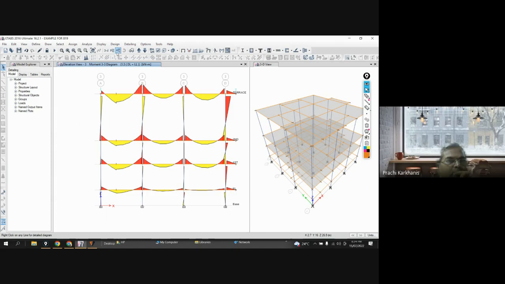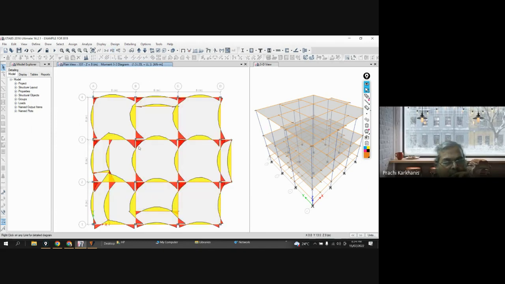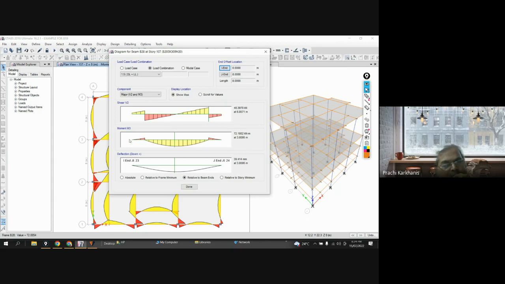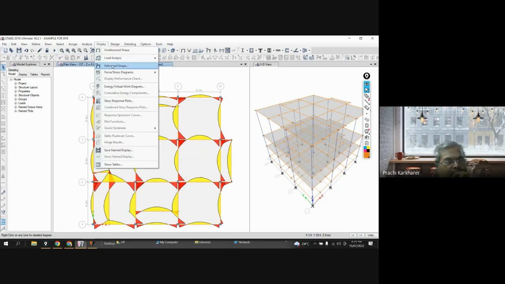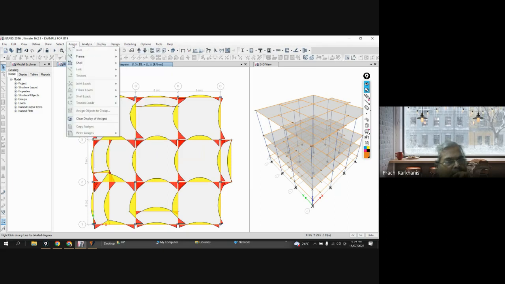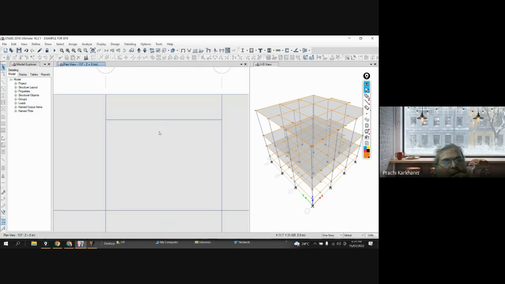Now let us go to any plan. Let's go to any plan, and you can check this diagram. You can see the bending moment is something like this. But is it correct? See, what do you think?